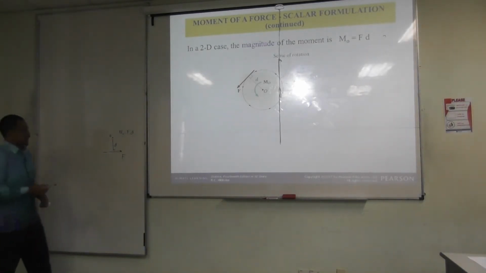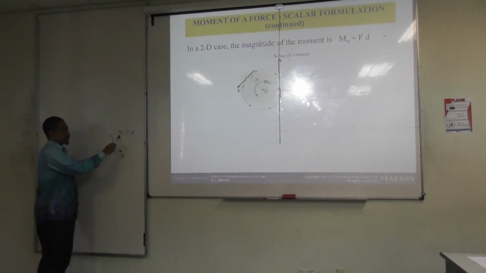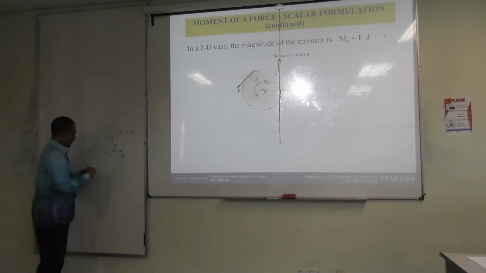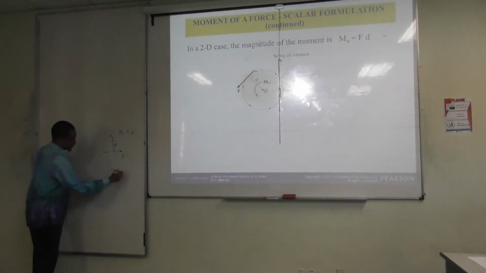Make sure you understand that MO is not a short form of moment. This is moment about point O. So if you have point A here, then you write MA.